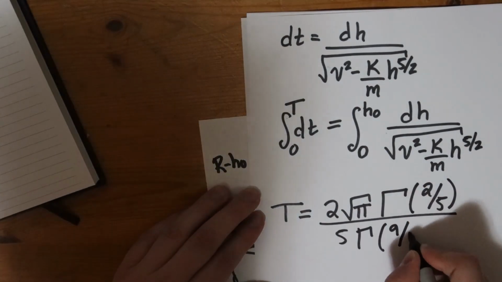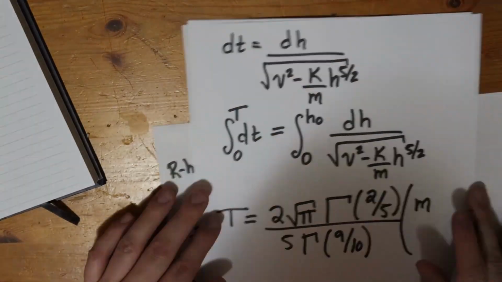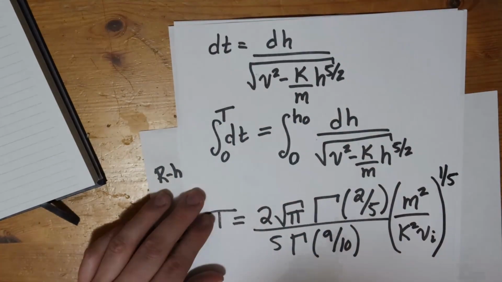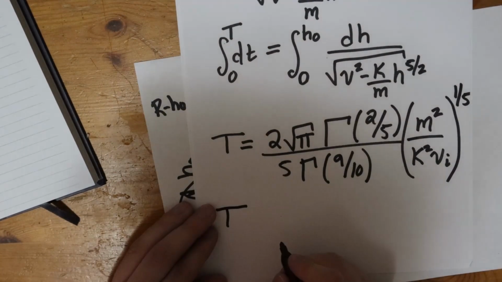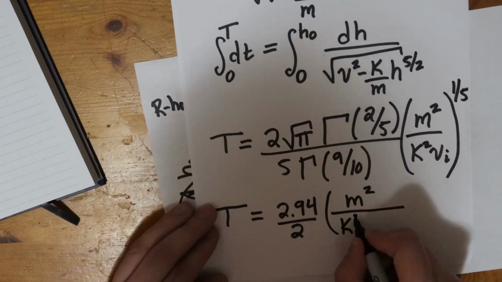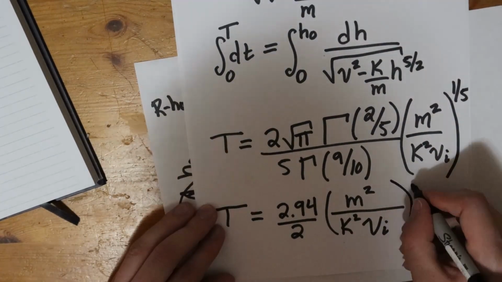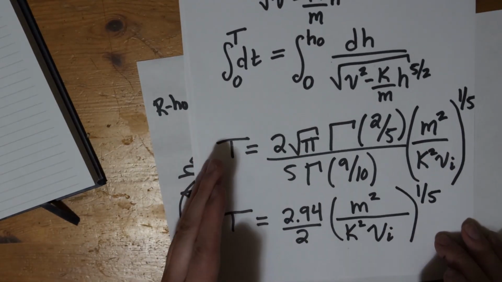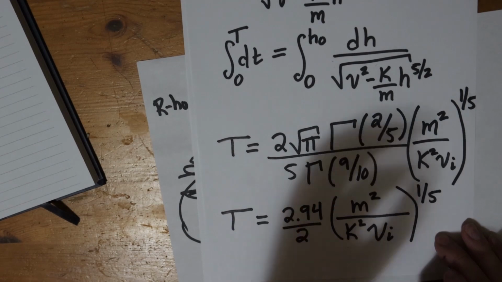And you can do the integral. You will get some gamma term in there. And for people that don't know, I will simplify that term to 2.94 divided by 2 for the constant in front, and then this is what we get for time.